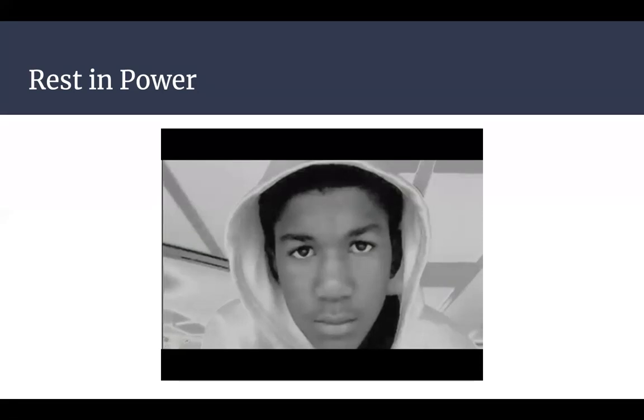But think about that. What did it mean to see a young Black teenager wearing a hoodie in a gated community? We'll talk about this even further in a couple of weeks, but think about that.